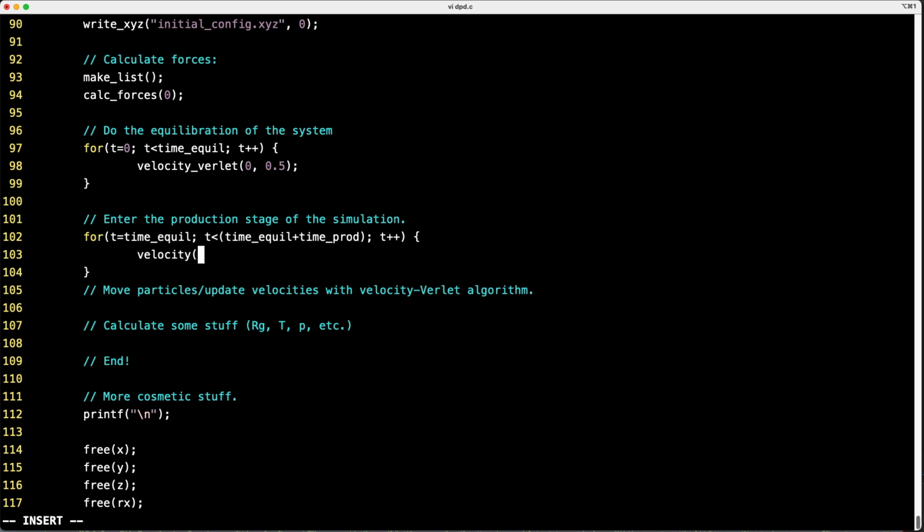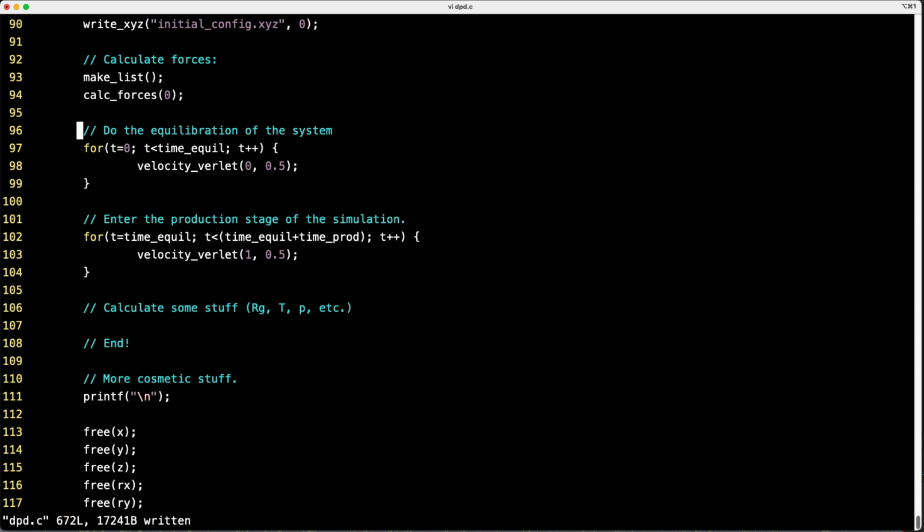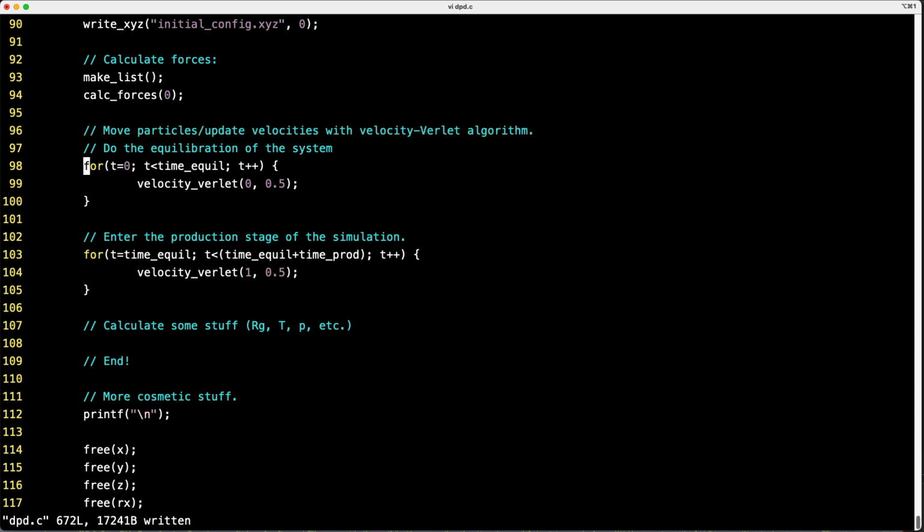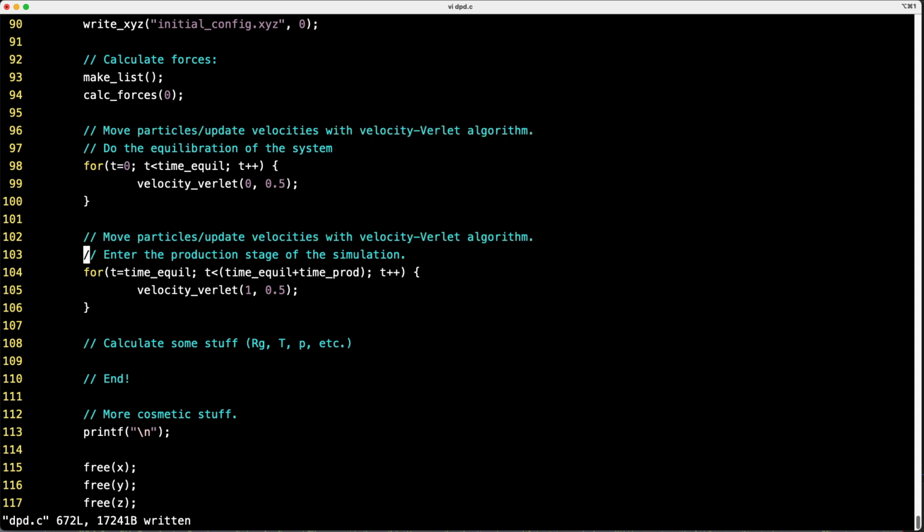Velocity-Verlet, 1 because we're in production, and lambda is still 1/2. So essentially, that goes here, and that goes here. And we could calculate some stuff.